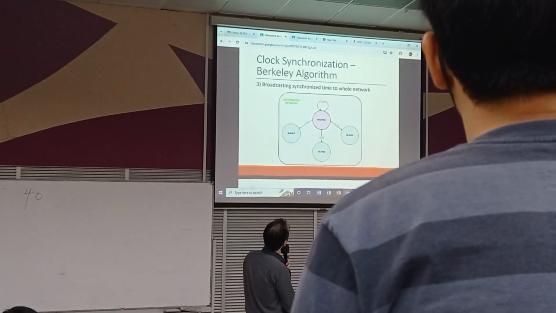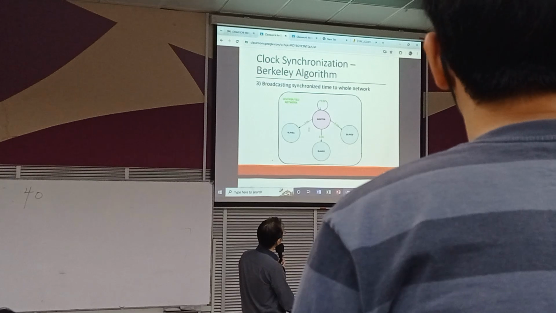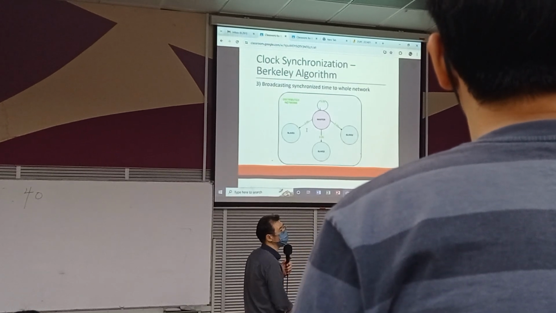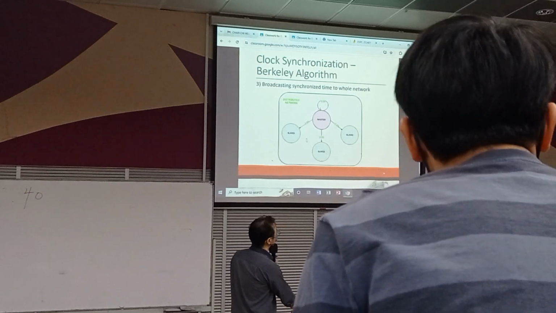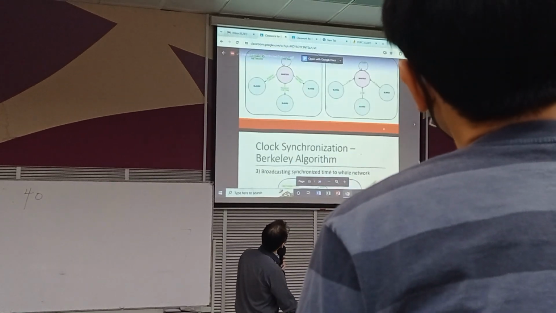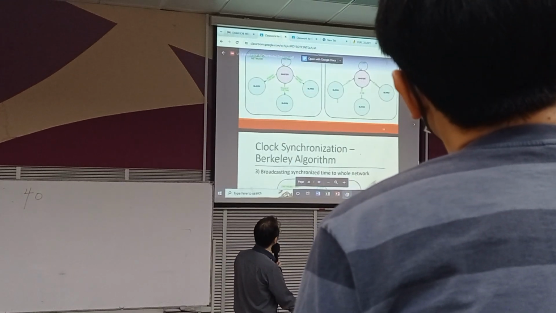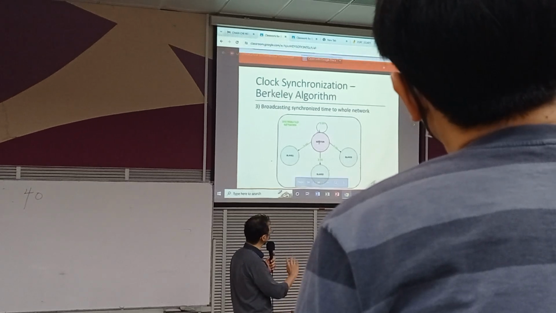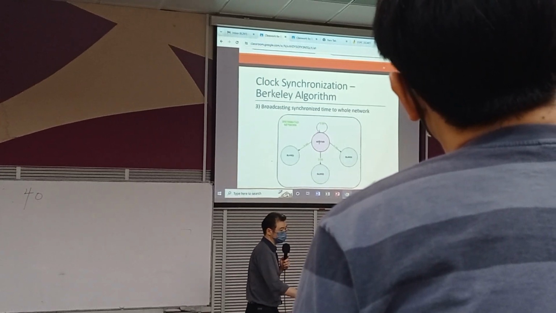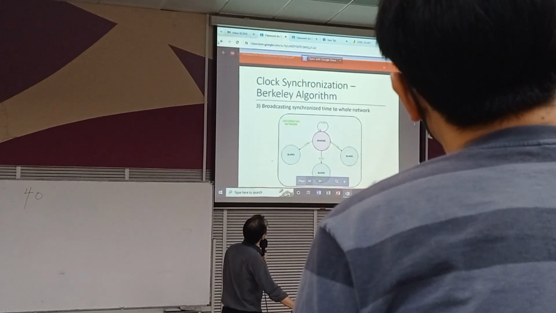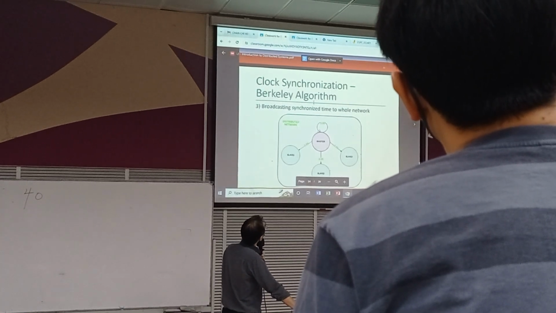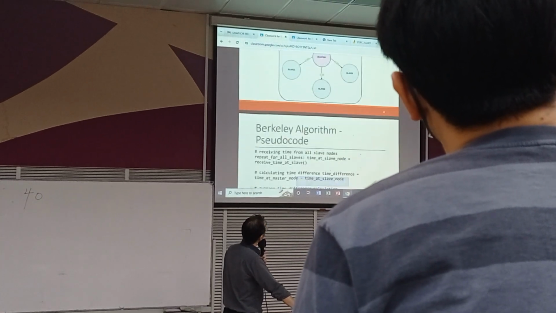He uses the difference, because then you don't have to worry about the time delay. So the error is only from the slave to master. From master to slave, the message is only the difference, and therefore there will be no mistake. That is the only difference between the Berkeley algorithm and the Christian algorithm.